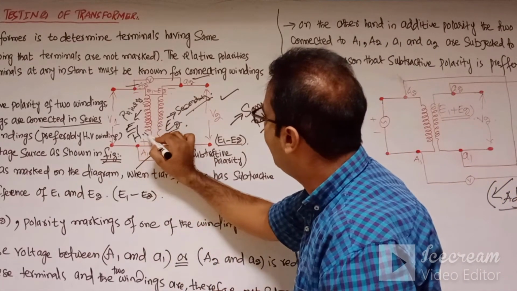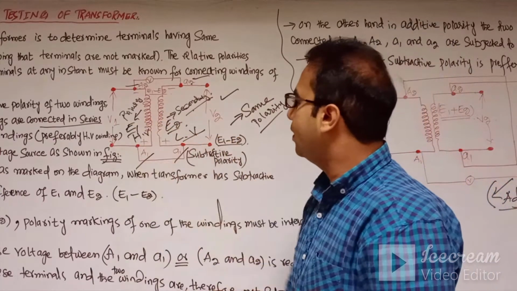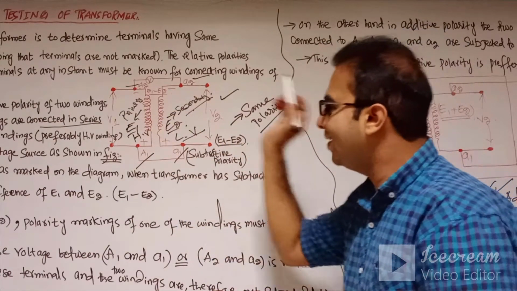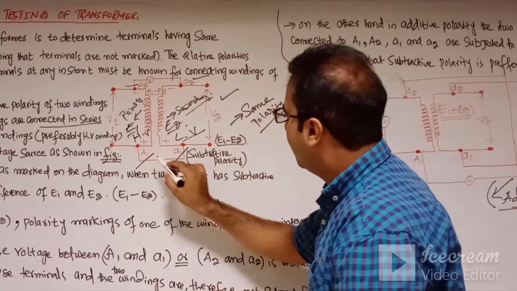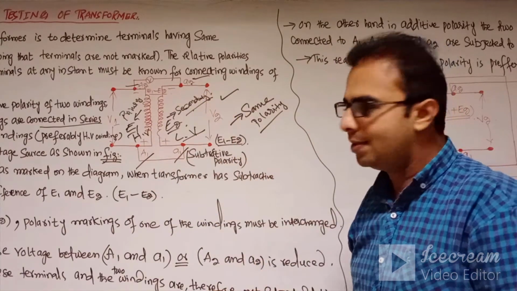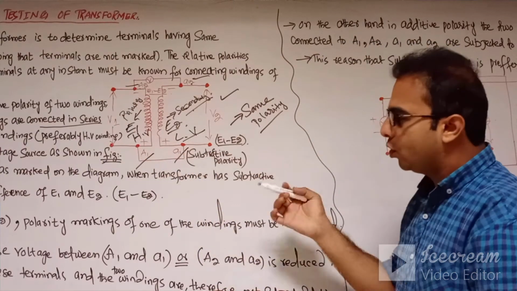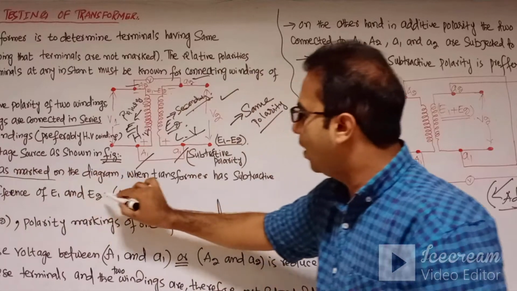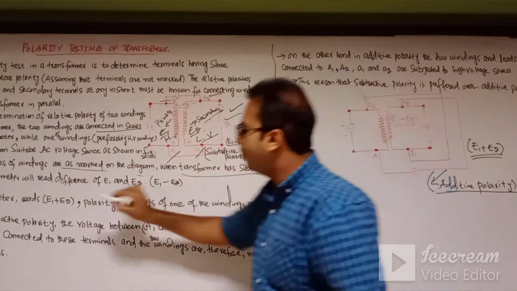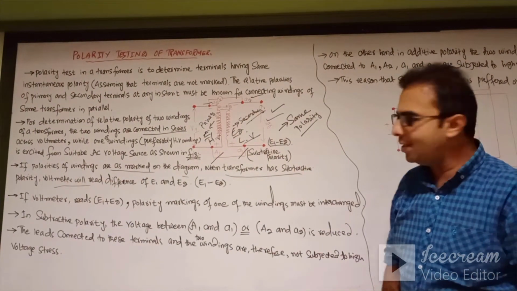For example, this one is the high voltage winding and this is the low voltage winding. The high voltage winding, which is called the primary winding here, is to be energized from the AC supply. Then the terminals A2 and A2 are connected in series, and A1 and A1 are connected in series. If the polarities are marked on the same diagram, then when the transformer has the subtractive polarity, the voltmeter will read the difference, E1 minus E2.